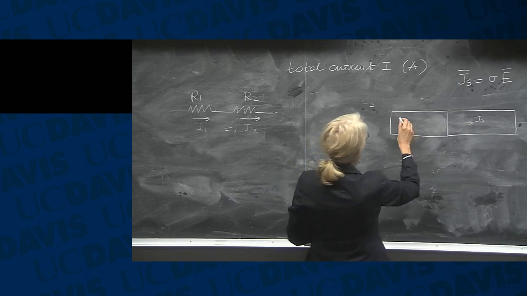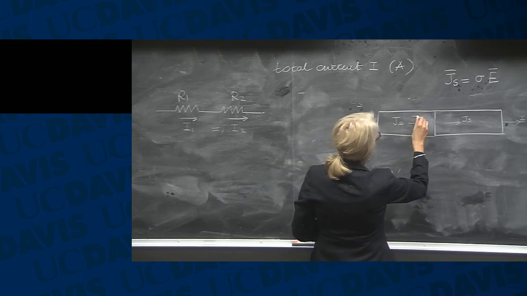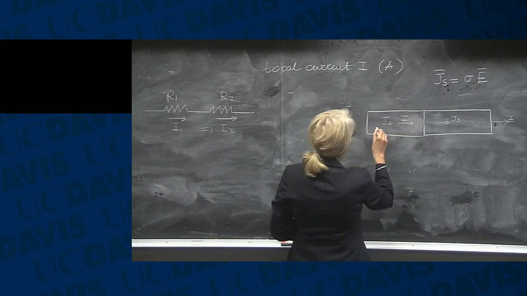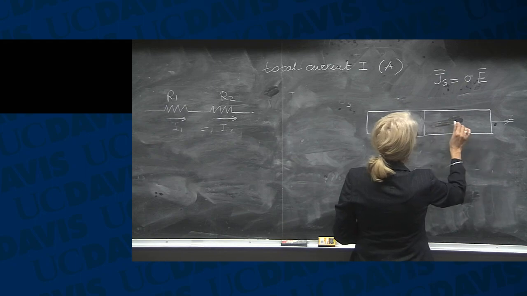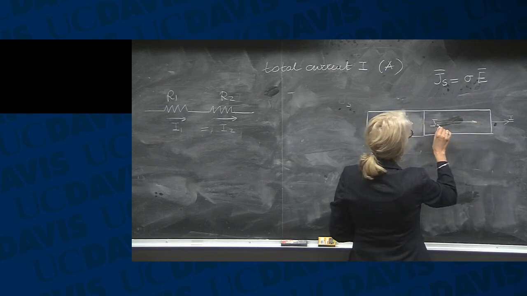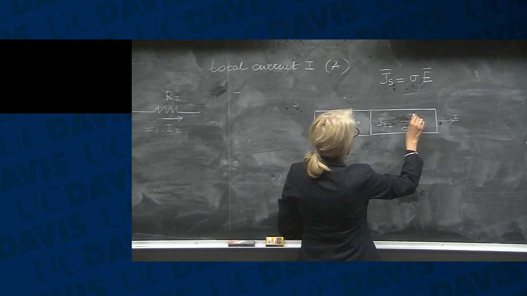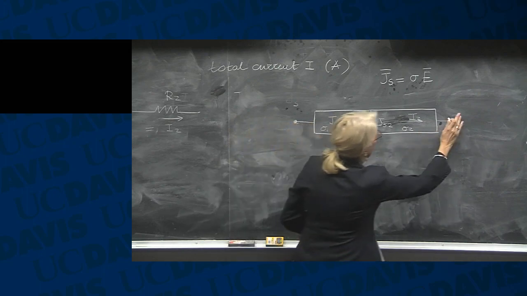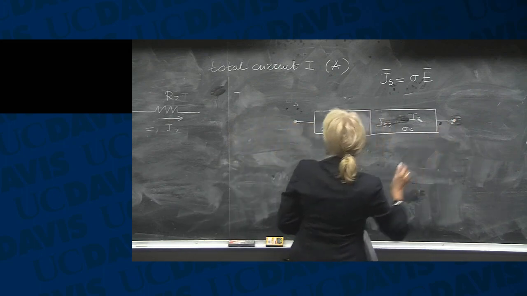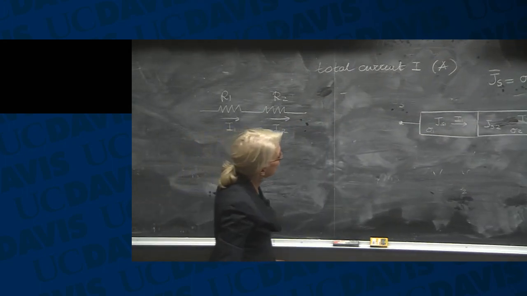So this is going to give JS1, I1, and of course has sigma 1. And this is going to be JS2, sigma 2, and I2. And then we have those two, one next to the other, in a circuit form, symbolically like this.